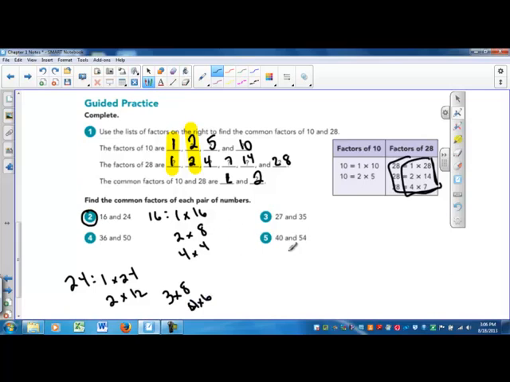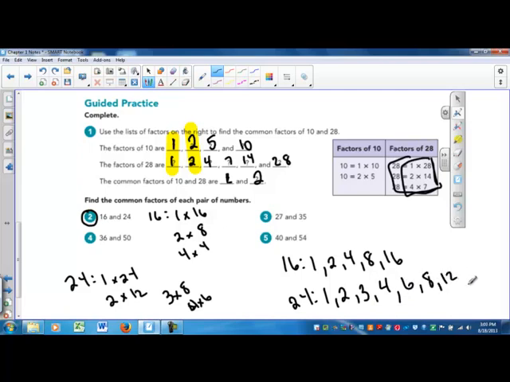Okay? So now let's list out the factors for 16. 1, 2, 4, 8, and 16. And then for 24, we're going to put 1, 2, 3, 4, 6, 8, 12, 24.